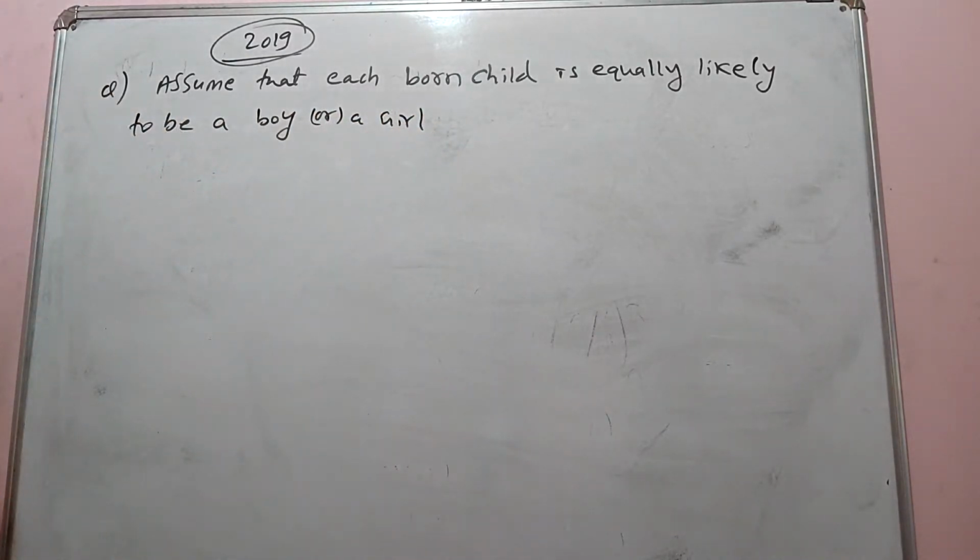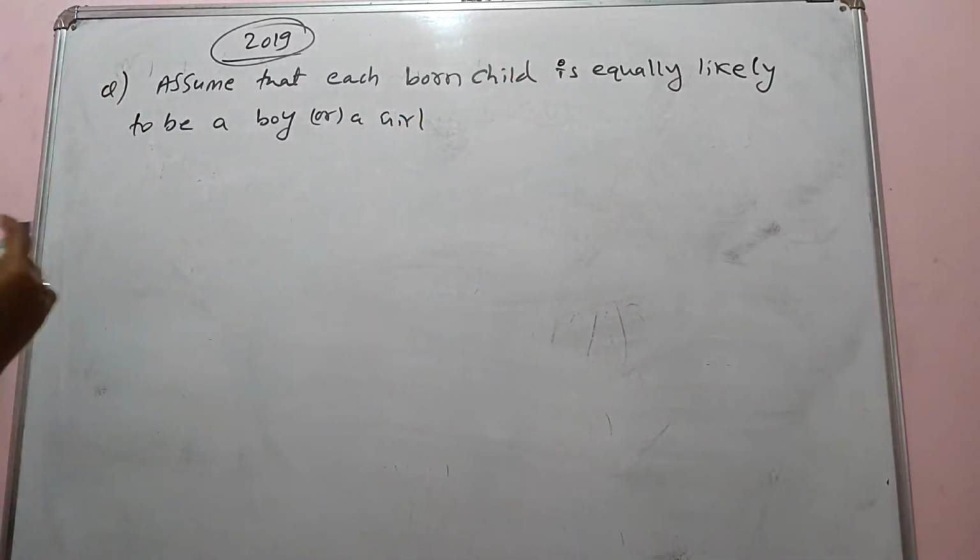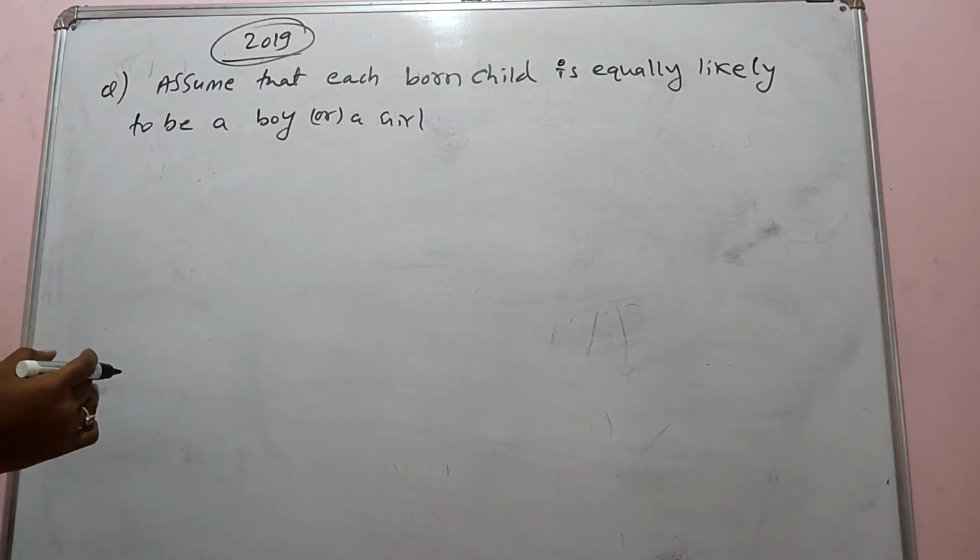Okay, assume that each born child is equally likely to be a boy or a girl. So girl or boy, both coming, that one is equally likely.